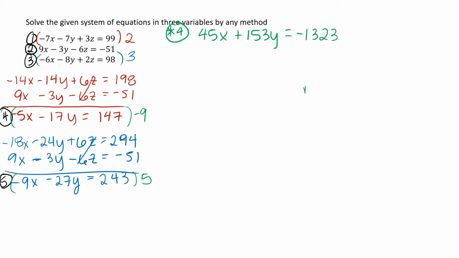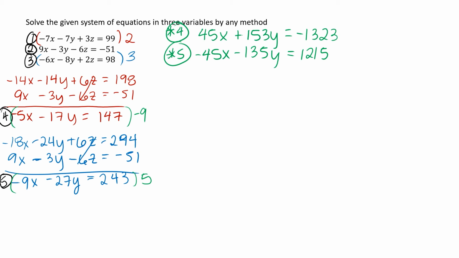And then I'm going to write down the starred 5, and I get negative 45x minus 135y equals 1,215.